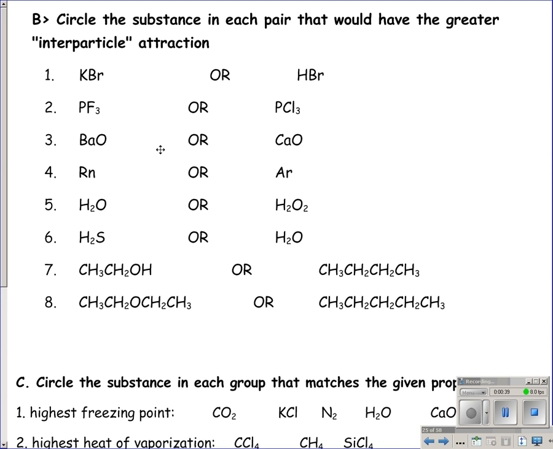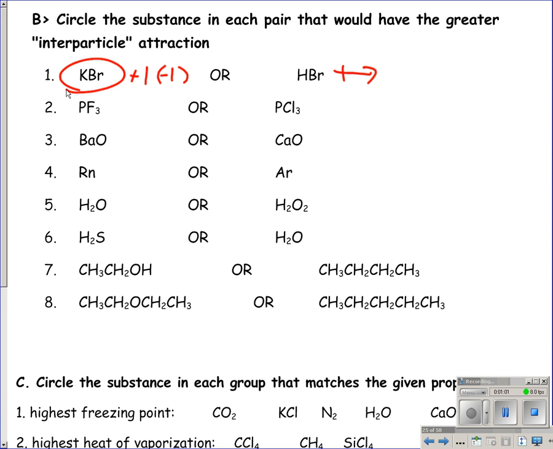So automatically you should know who has the stronger attraction. KBr, because you have a Coulombic attraction that has full charges, a full +1 and a full -1, and then this just has a strong dipole moment. Who cares? It's got a dipole-dipole interaction. That's not that big of a deal when you have an ionic substance present. So that should have the stronger one.